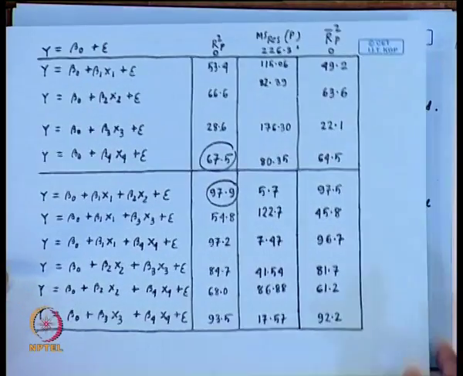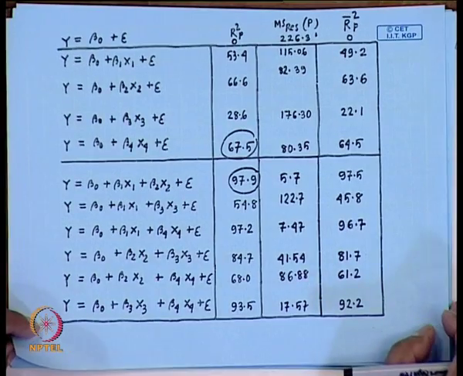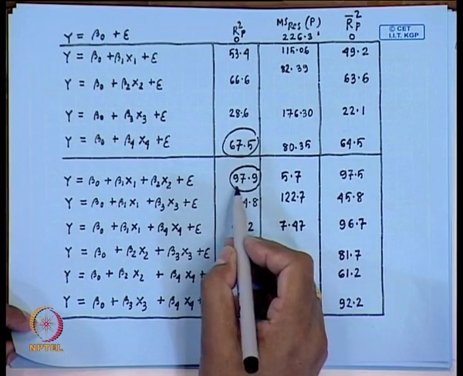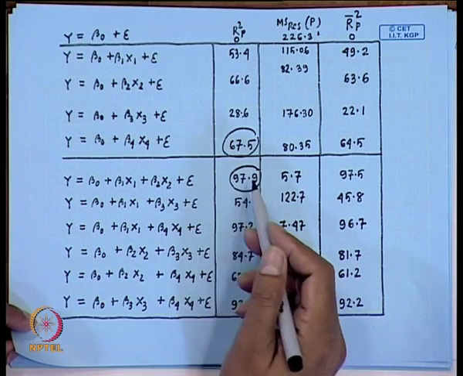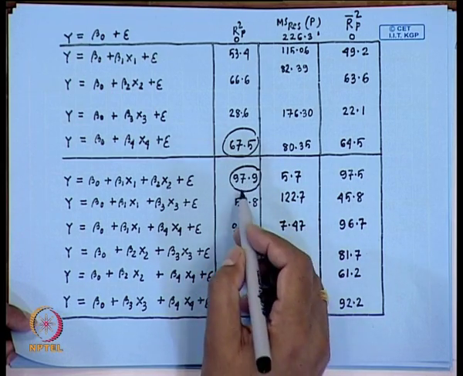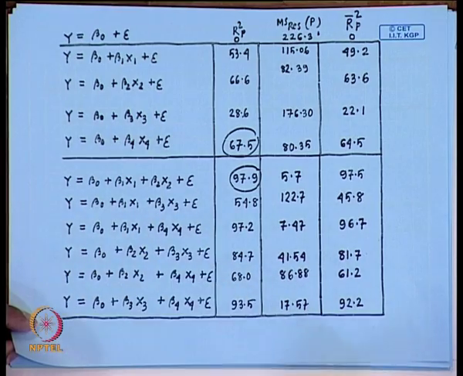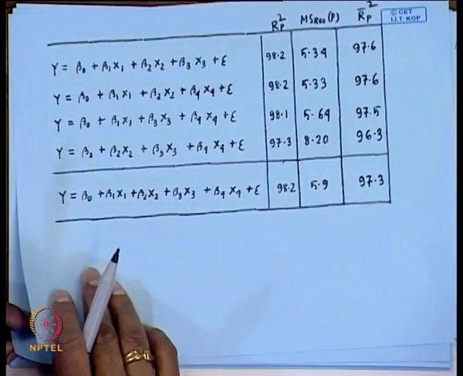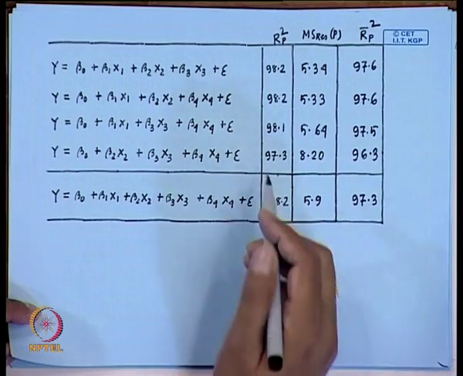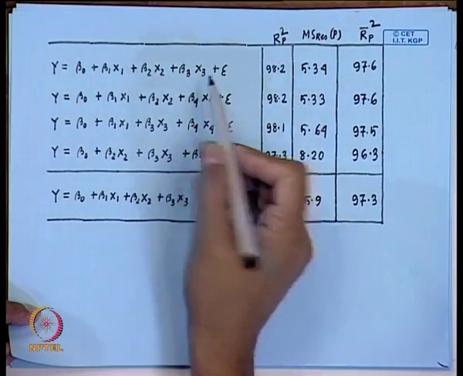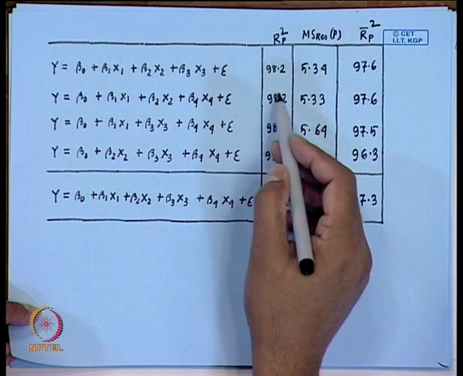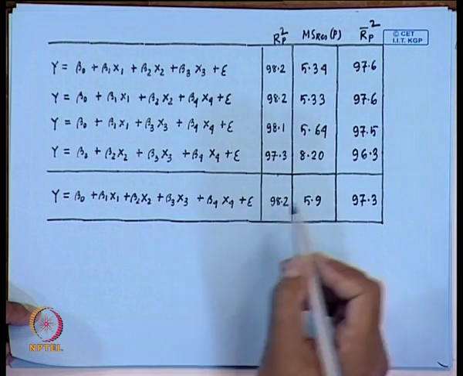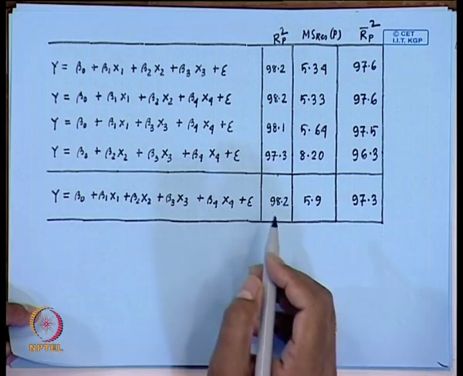So, either this model with two variables, it has coefficient of determination value 97.9, which is close to 98% of the variability explained by these two regressor variables. Now, if you go for the three variable model, then this one is the best, or also this one has the same multiple linear regression model. So, clearly you do not need to go for the four variable model.